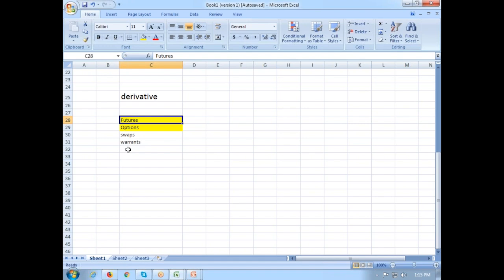Options market: the options are available on stocks, stock indices, currency, and gold, as far as commodity is concerned.